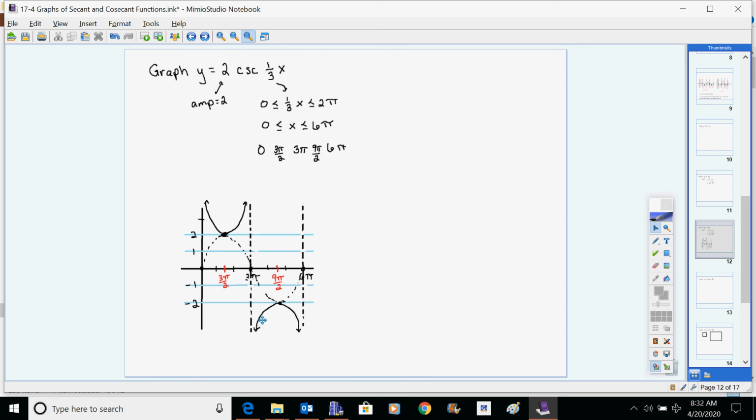So these ghost lines are not really part of the graph at all. It's just this piece right here and this piece right here that are the graph of the cosecant function. I will be looking for your asymptotes to be clearly presented. I will be looking for the curves to be approaching those asymptotes, and I'll be looking for where it goes.